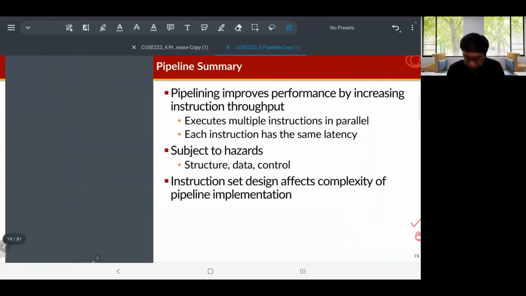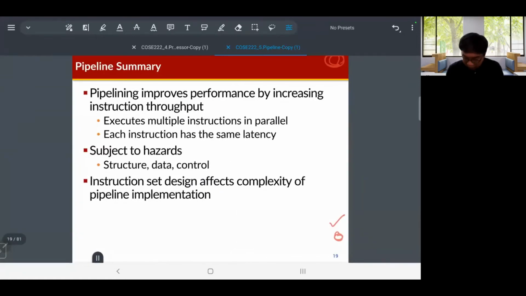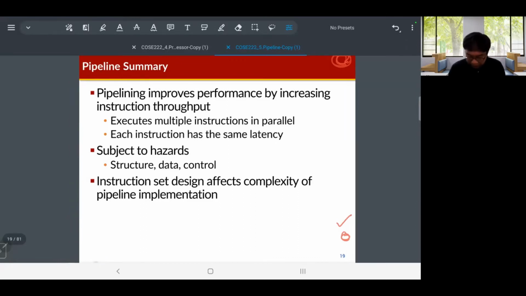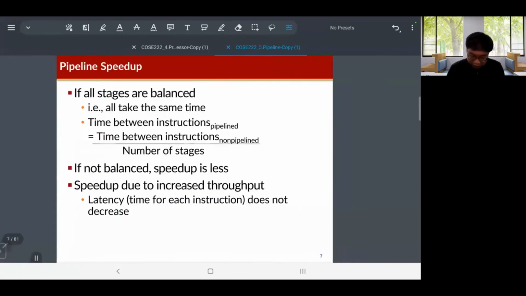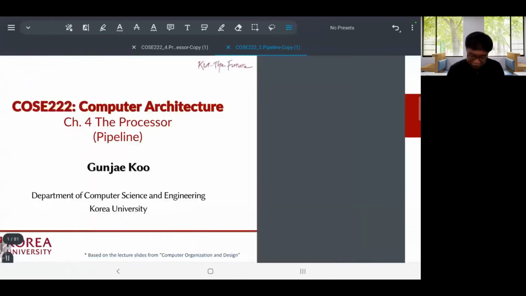So the midterm exam will cover until page number 19 of the fifth slide deck, chapter 5 of the pipelining. Okay, so I hope we can cover until this page today.